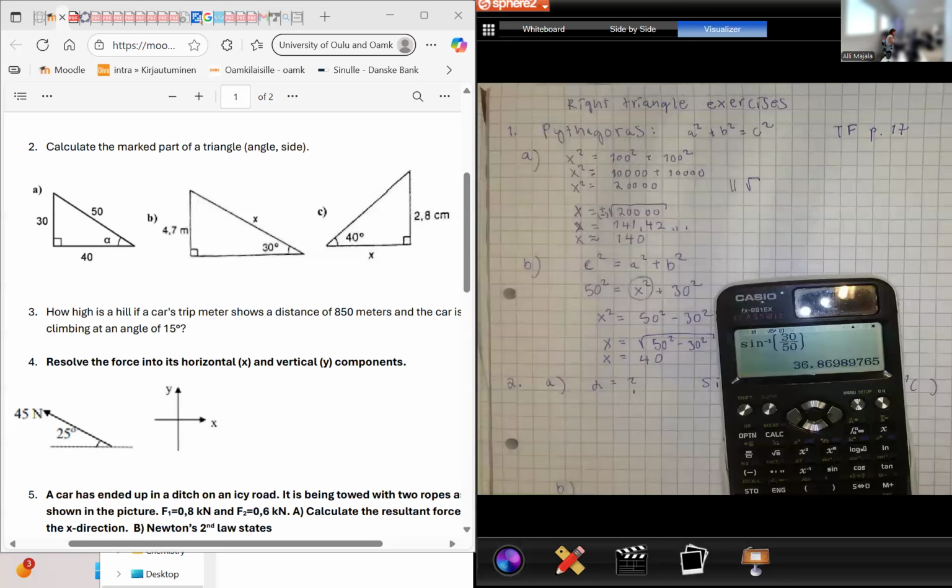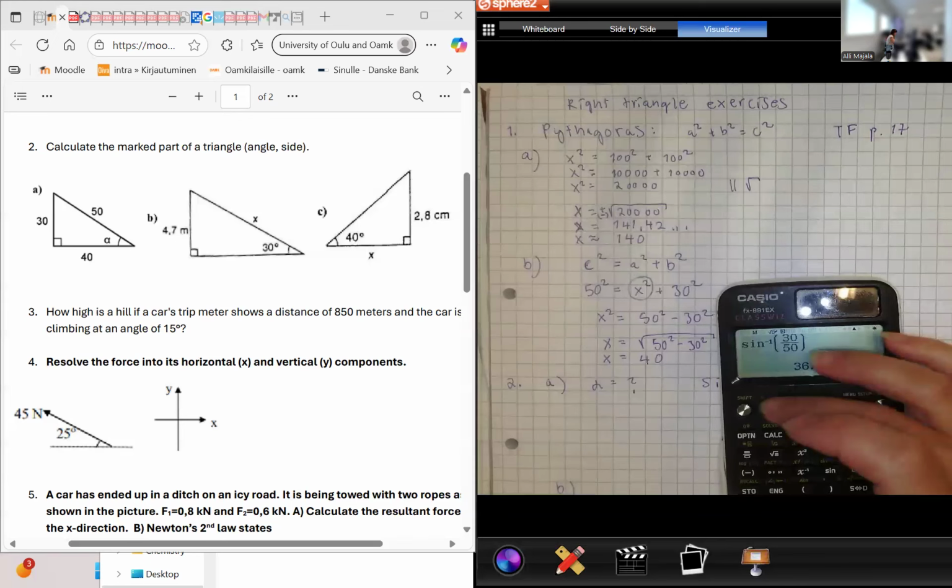Okay, I will quickly check how in my calculator I would get it to radians and degrees, if I remember.